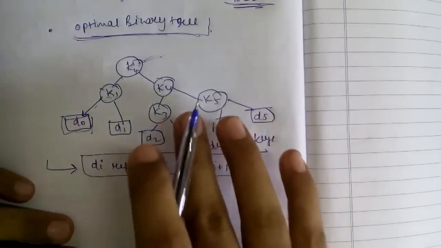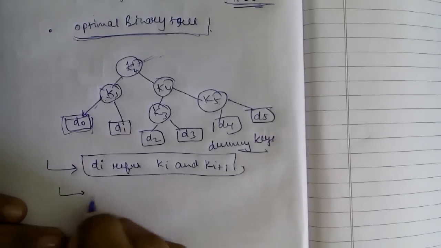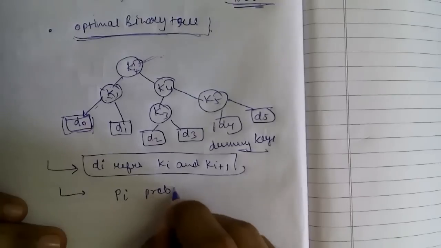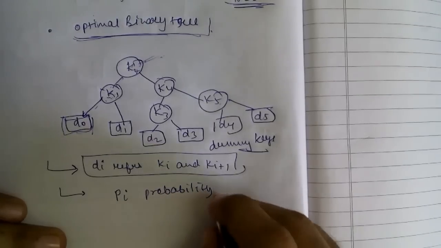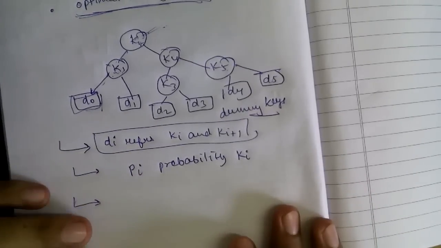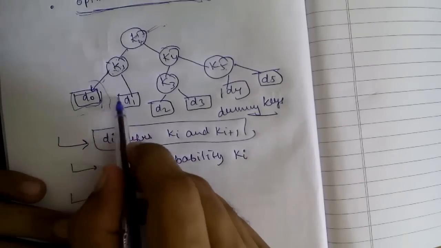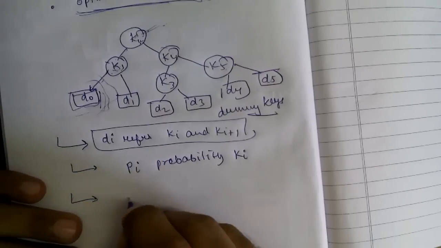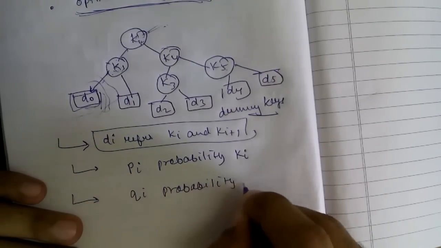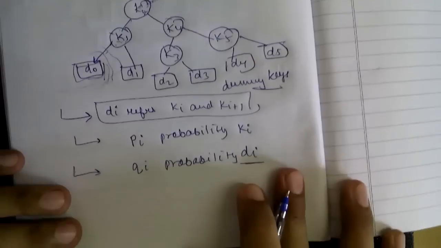Let's say we already know how common a word is and we know their probabilities. Another thing to note is that let Pi be the probability of key Ki, and Qi be the probability that the search will be for Di, that is a search which doesn't have a translation.